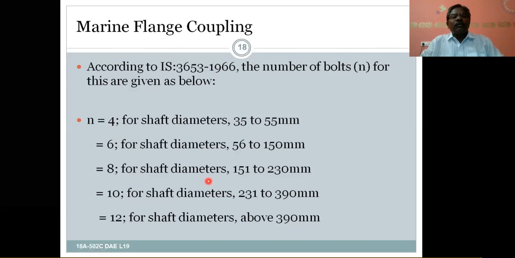So the numbers are 4, 6, 8, 10 and 12, right? As per the standard IS 3653-1966, the number of bolts in case of marine flange coupling are like this.